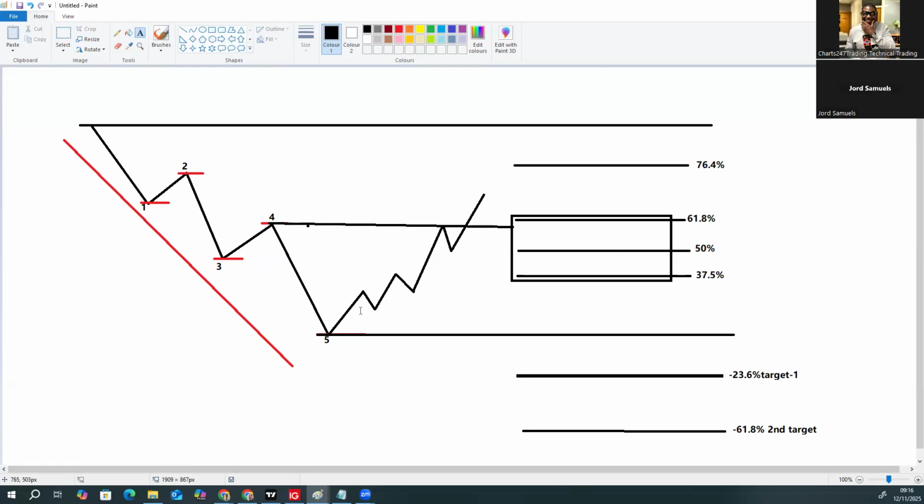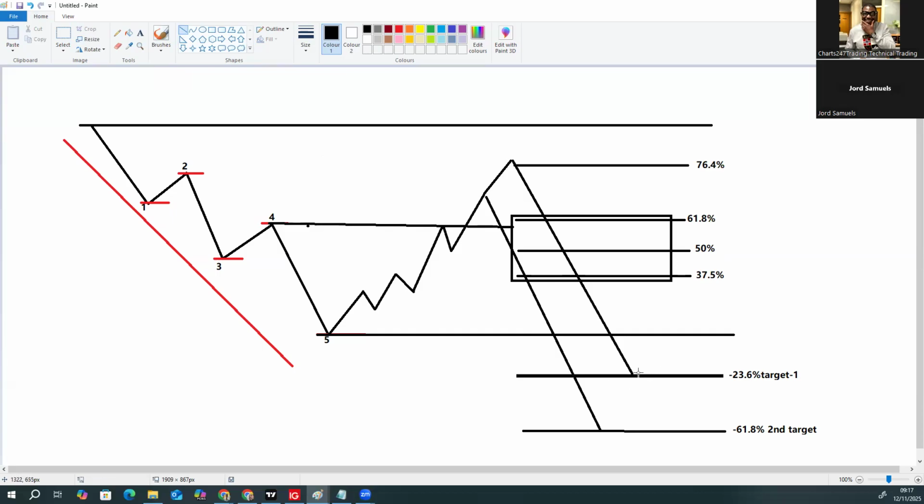If the reversal, the pullback, stopped between the 61.8 or 50 or 37.5, our expected area of target is the second target. If the reversal gets to the deeper correction, which is the 76.4, our expected area of target is here, the T1.